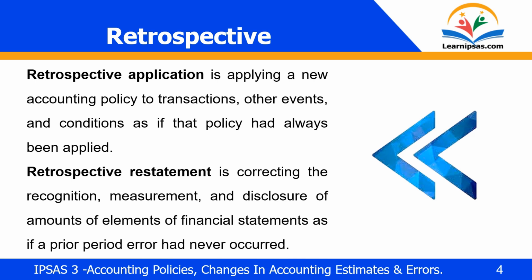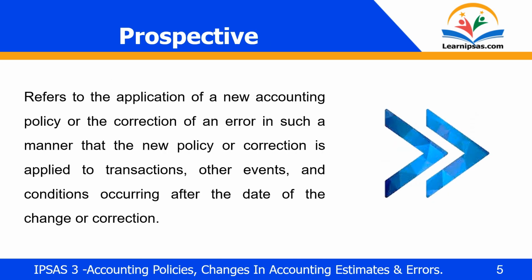So comparative information for previous periods presented in the financial statements is restated to ensure consistency and comparability. Those opening balances of assets, liabilities, and equity for the earliest period presented are adjusted as if the new policy or correction had always been in place.